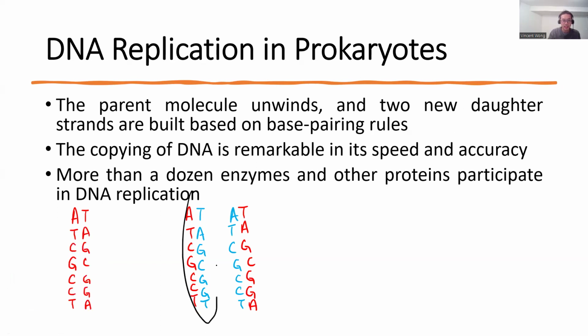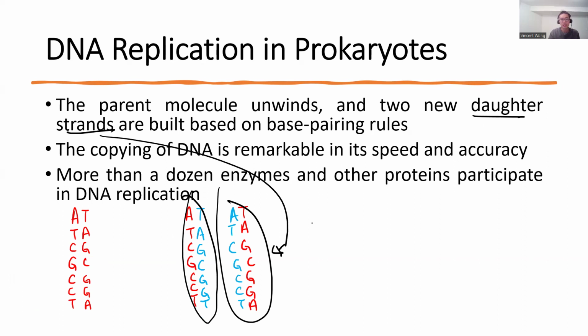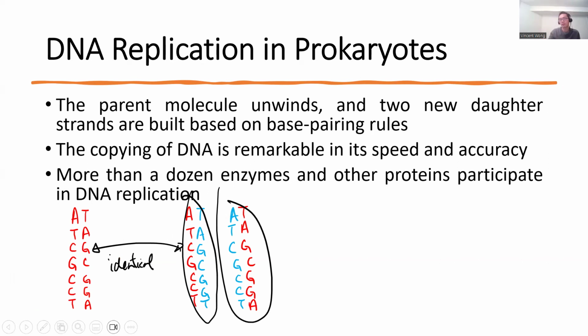Each strand here is called a daughter strand, daughter DNA, and it's going to be identical to the original. And you get 2 of them now instead of 1. This process is really, really fast and very, very accurate.